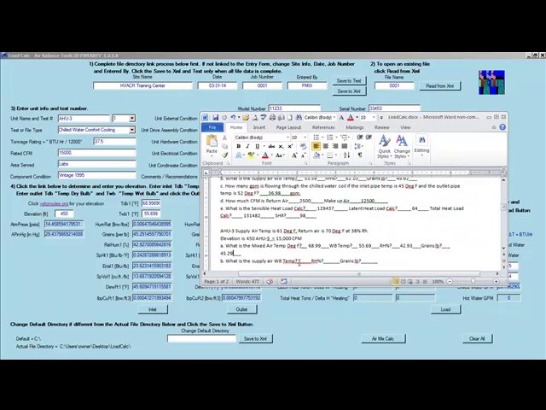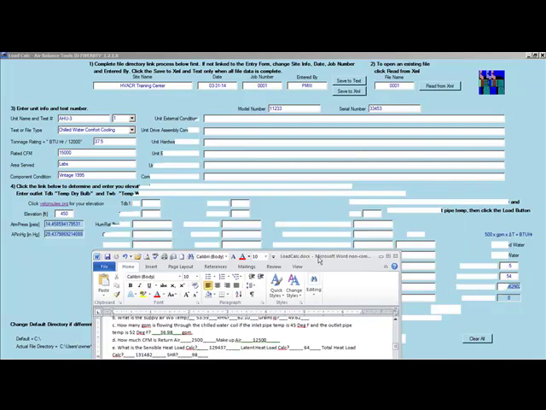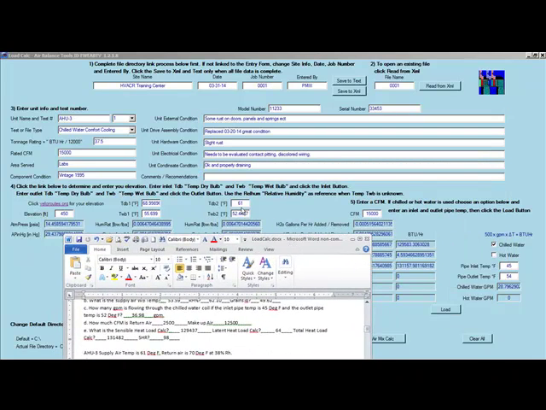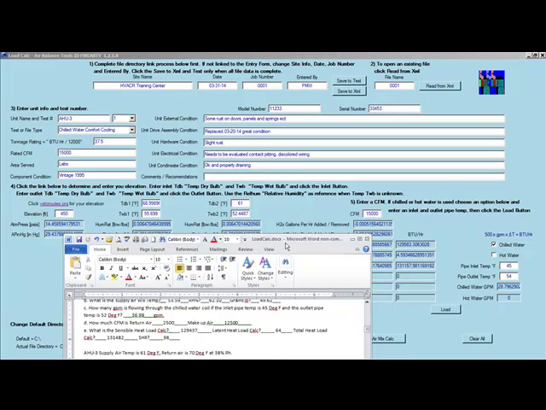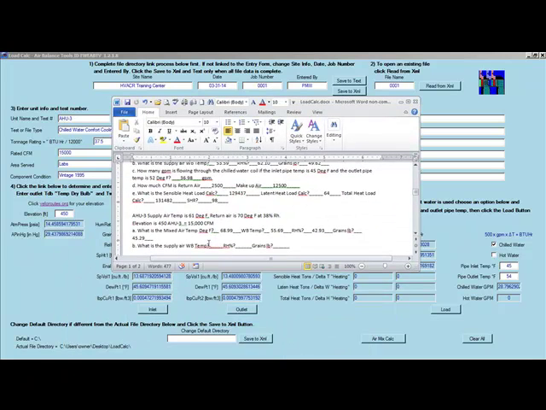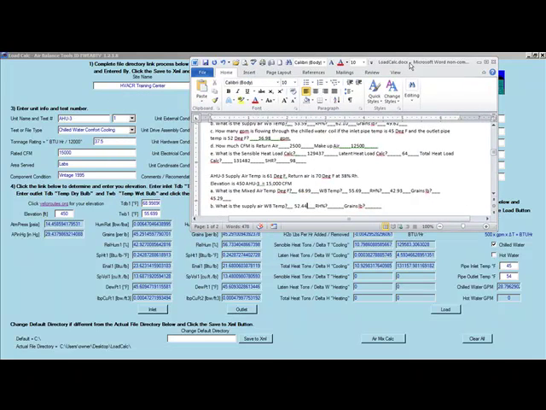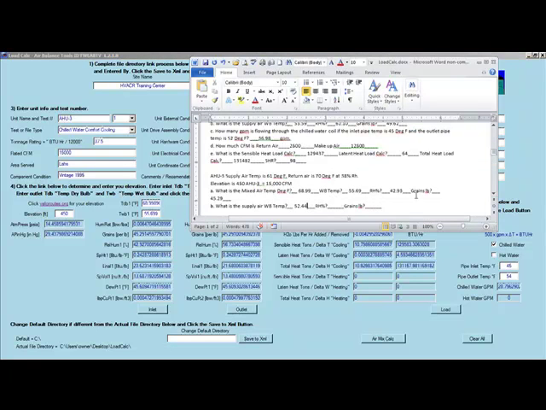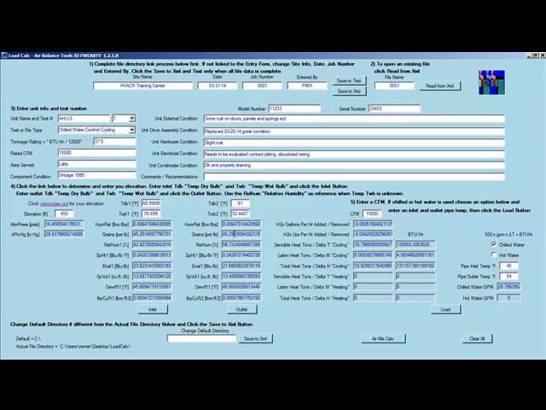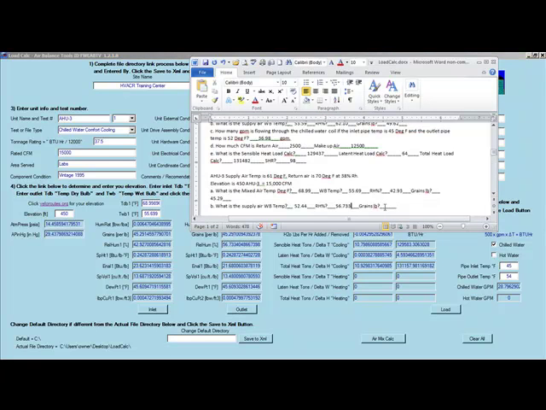So what is our supply air wet bulb, relative humidity in grains? Grains per pound.